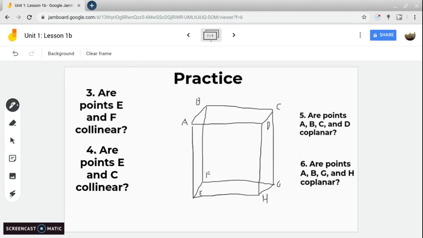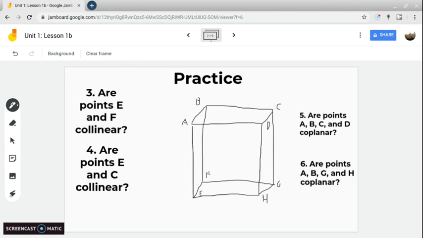Number 5: are points A, B, C, D coplanar? Number 6: are points A, B, G, H coplanar? These are yes or no questions. If you really just want to guess, you can pause the video now. But if you know it, still pause the video, and I will go over it in a couple seconds.